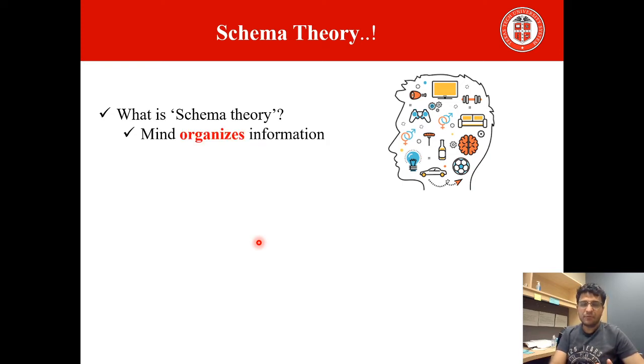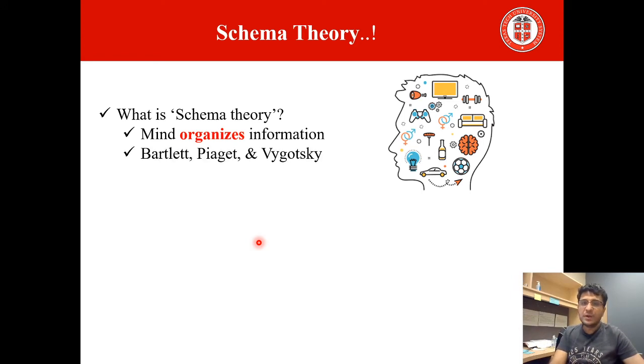If I want to define it in one sentence, I can say that it is how our mind organizes information or knowledge or memories. It is about organization, categorization, or keeping similar blocks together.